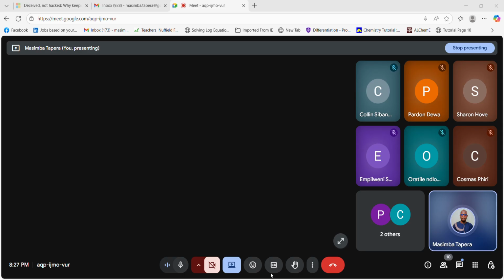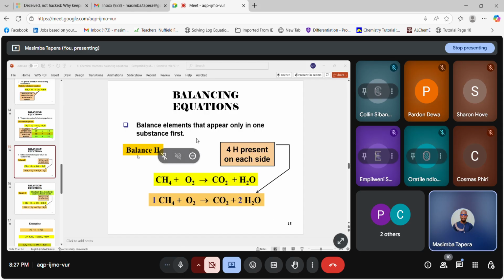Okay, so balance elements that appear only in one substance first. In this case the first part is to balance the carbon and also to balance the hydrogen by putting a 2.